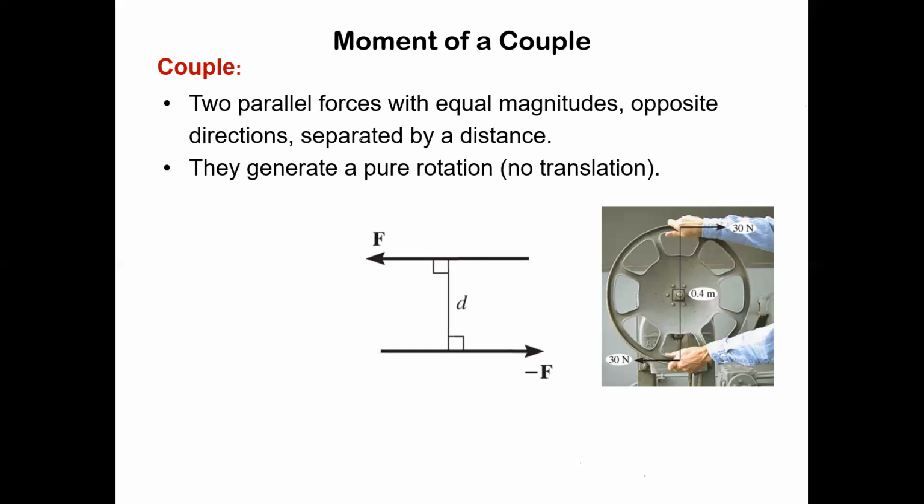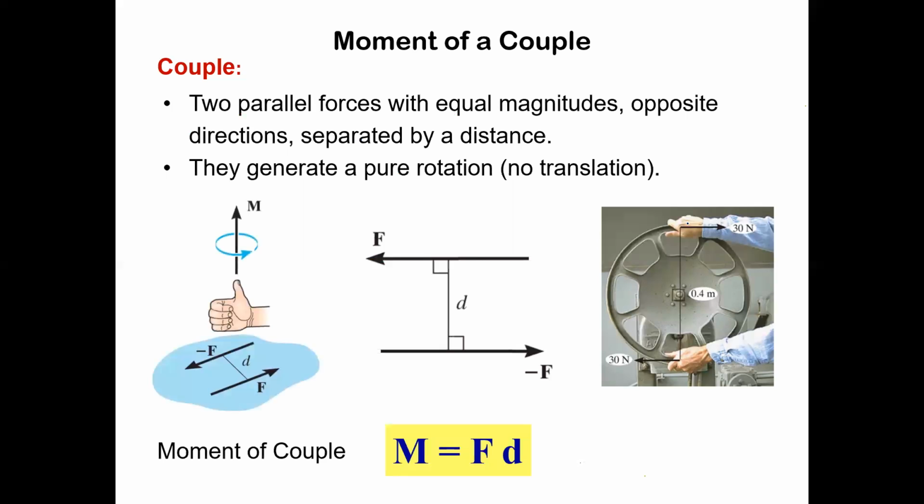And because they're offset, you end up getting a rotational effect, right? They actually want to cause a spin. And that makes sense if you're trying to really turn something. It helps to have force on both sides as opposed to just one. In this case, the moment of a couple is, which seems a little weird, just the product of the force times the distance between those 2 forces.